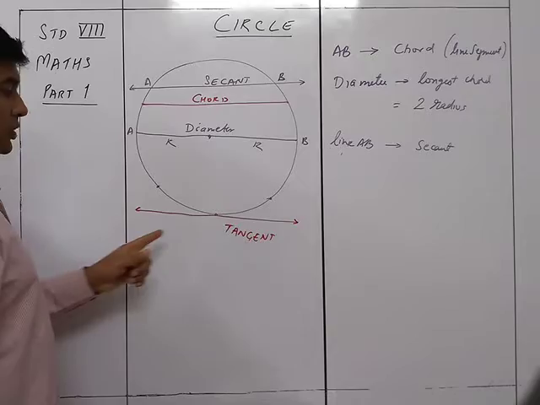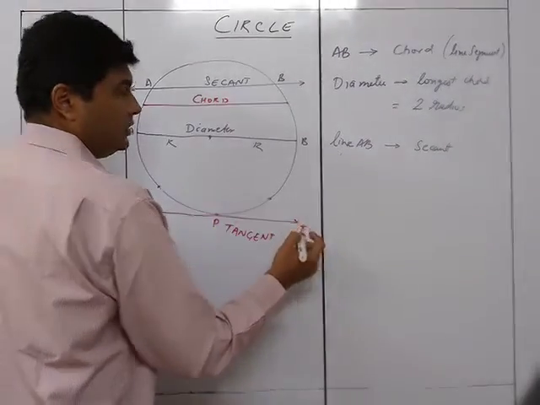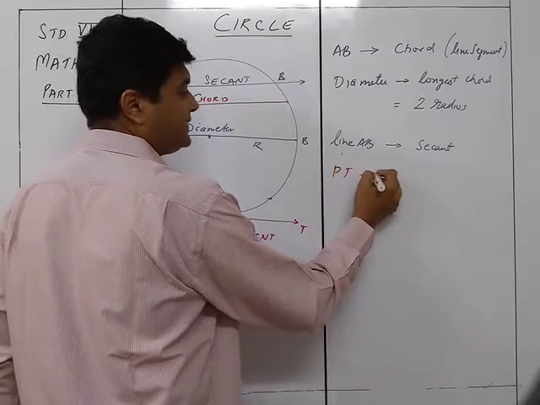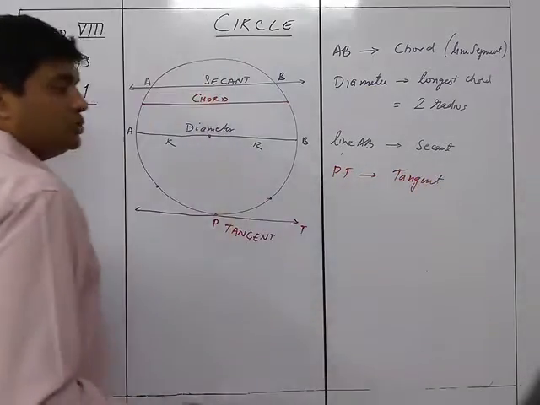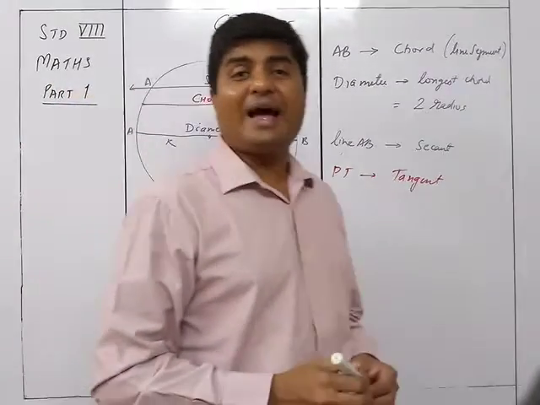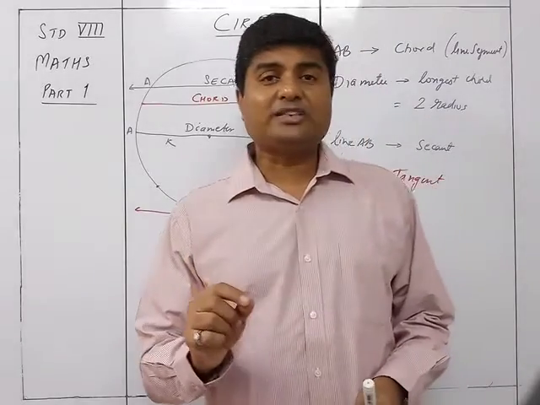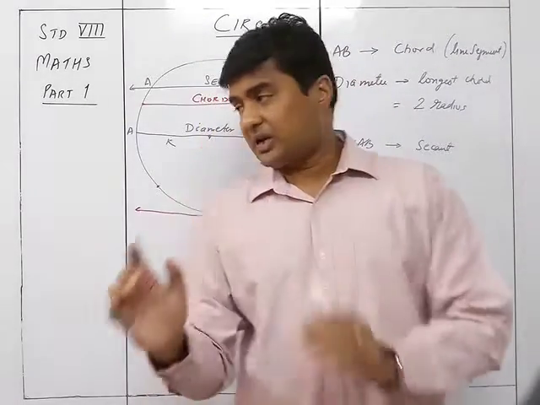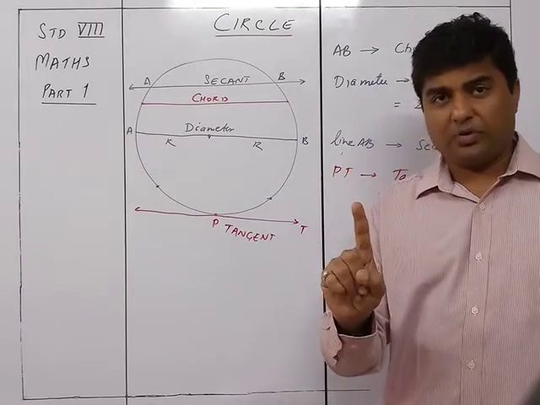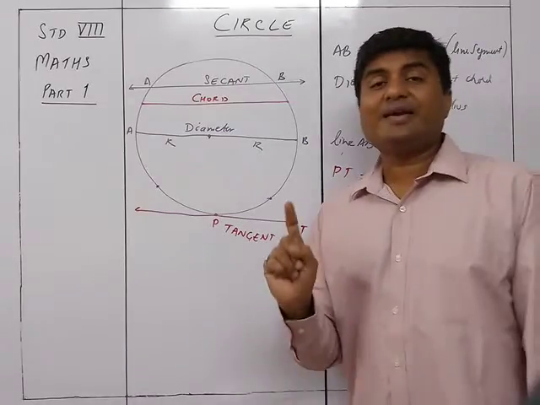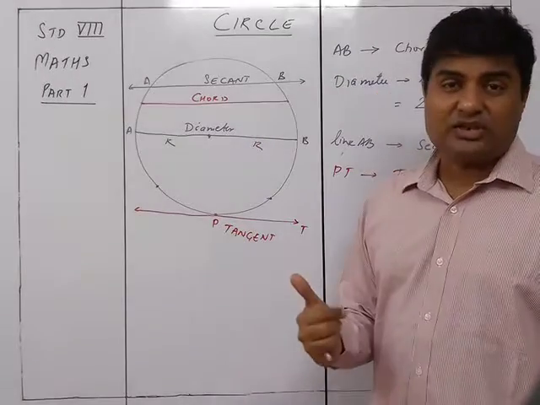Okay, so this line we can say PT. So PT over here is a tangent. So a tangent is a line drawn to a circle such that the intersection point between the circle and the line is only one single point. Okay, or the line which touches the circle at only one point is called a tangent.